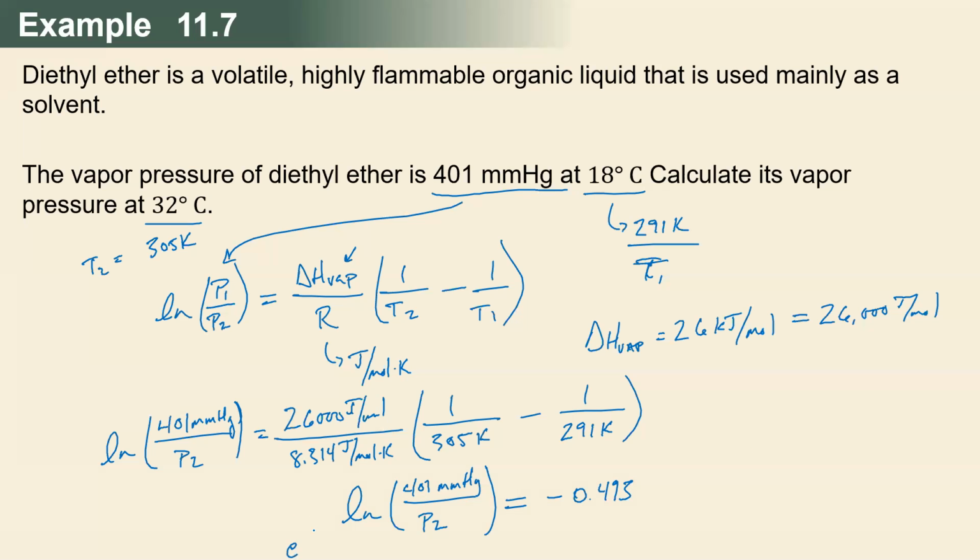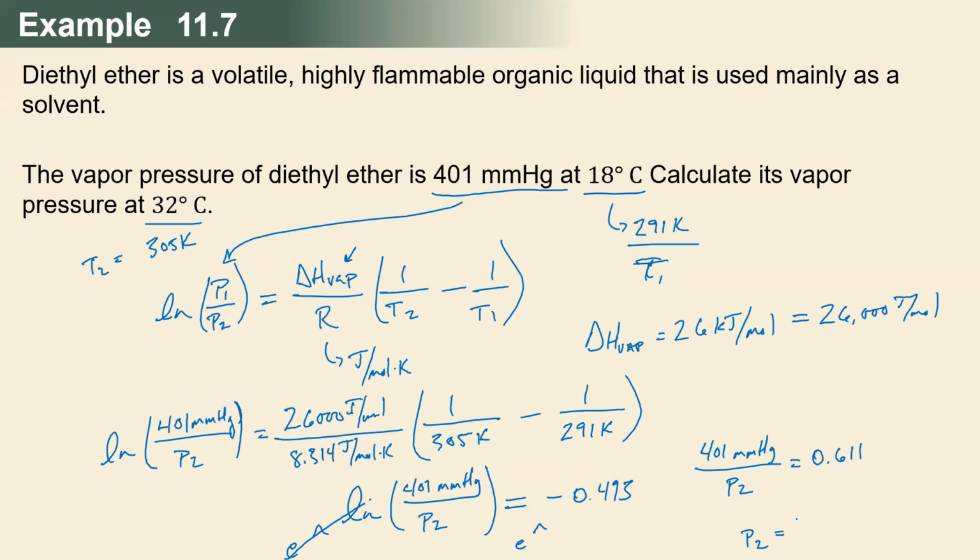So natural number e, I'm going to raise both sides. E raised to the power of both sides cancels out my natural log on this side. And so I end up with 401 millimeters of mercury over P2 is equal to e raised to the negative 0.493, which is 0.611. So I just rearrange and solve for P2.